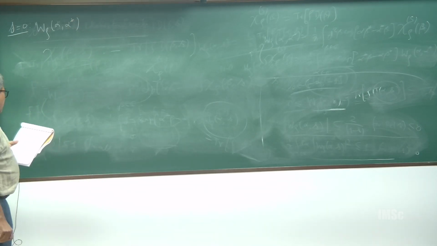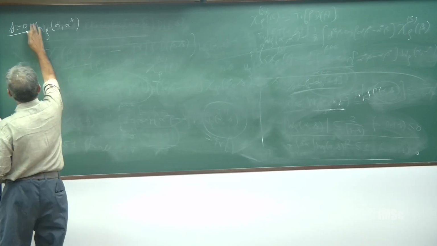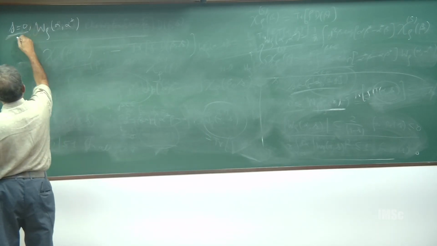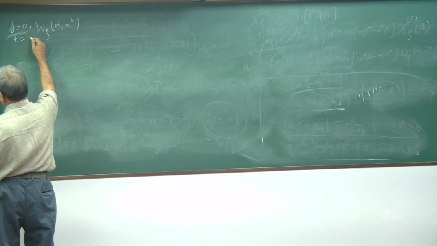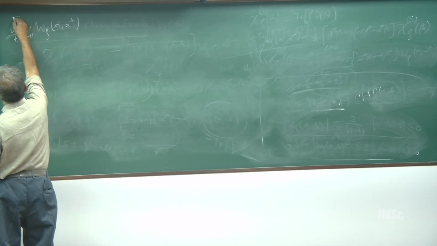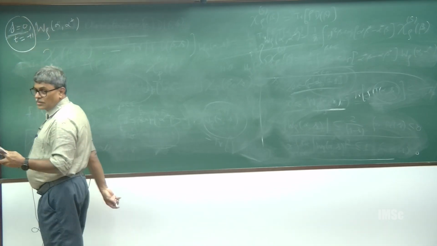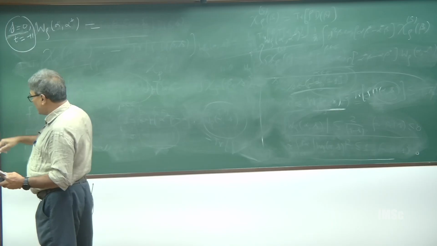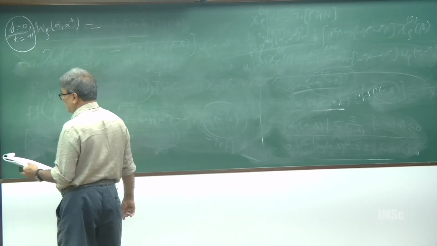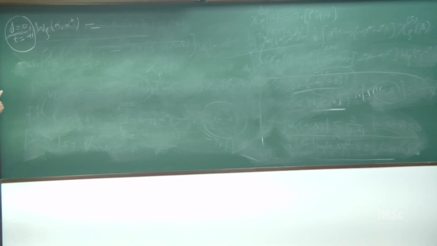Then I take s is equal to 0 and t is equal to plus 1, let us say. So, then what will happen? Then this condition is satisfied, the real part of t is greater than the real part of s.